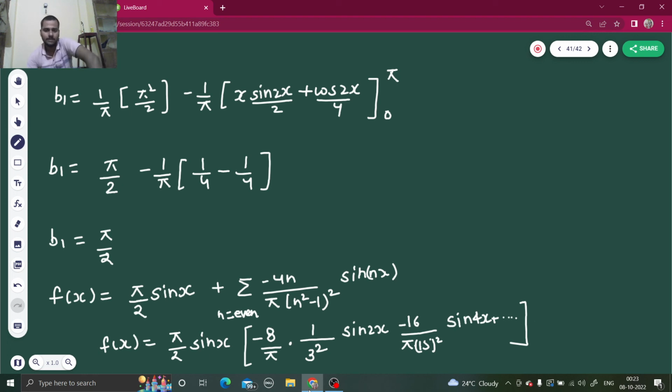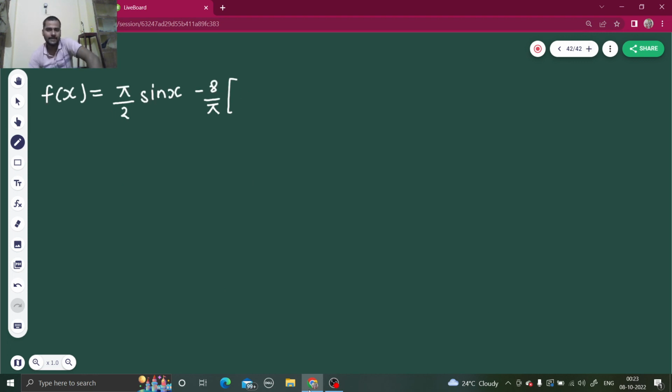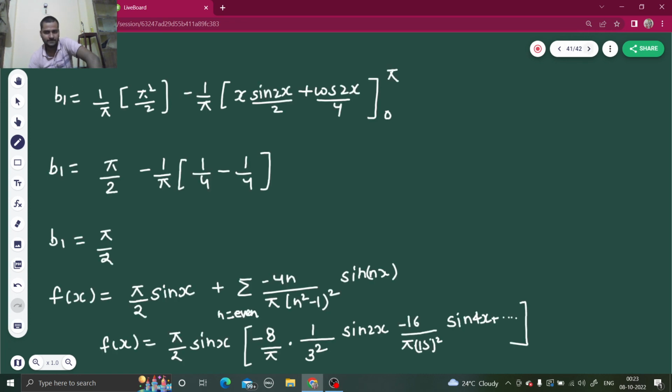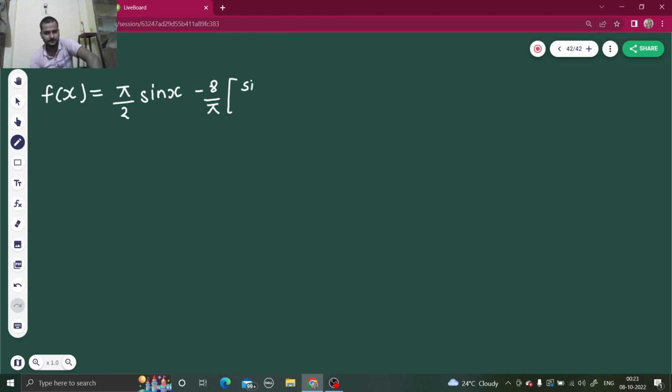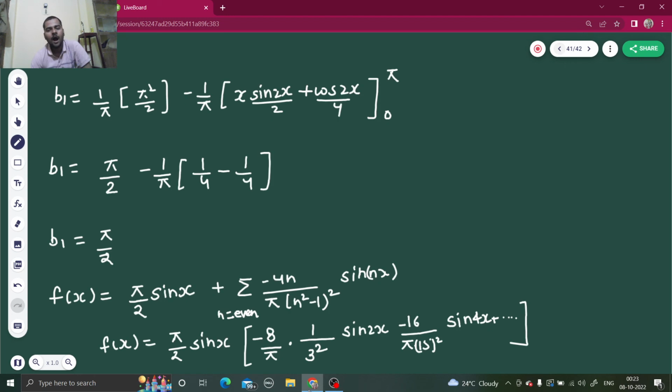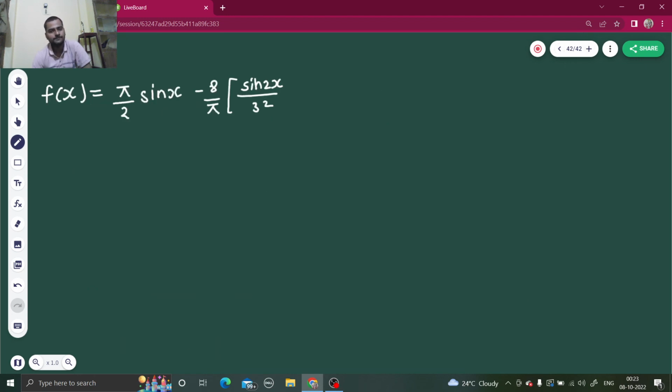Okay, so minus 8 by pi I took common. So first one will be sin 2x by 3 square, minus 2 by 15 square, minus I took common, so this will be plus.